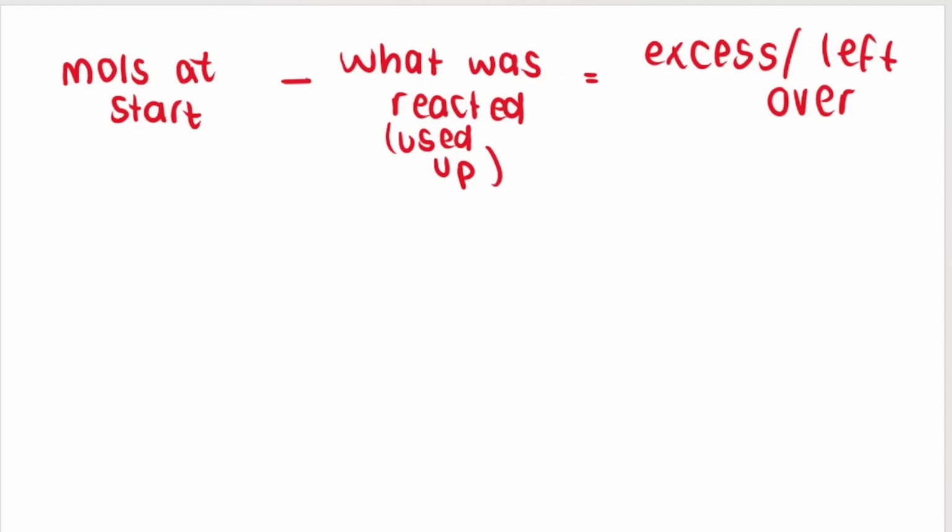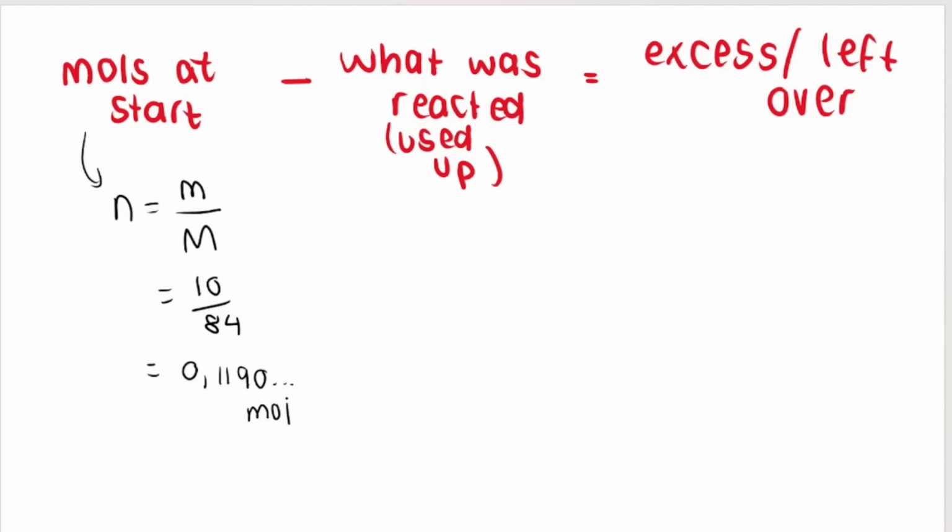Now, just as a side note, if you're still a little bit confused, remember the moles at the start we got by taking the mass that was given divided by the molar mass. So that was 10 divided by 84. That's where that number of moles comes from. The moles that were used up, we get from our mole ratio, and we always use the limiting reagent in that mole ratio to help us figure out how much of the other one was actually reacted.